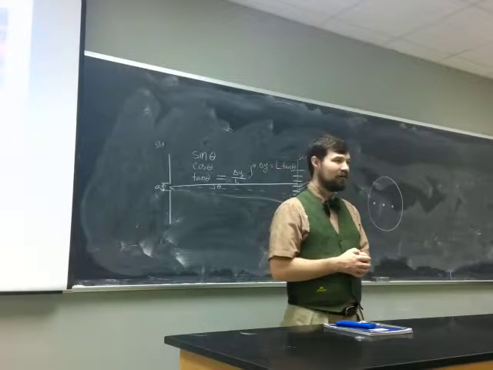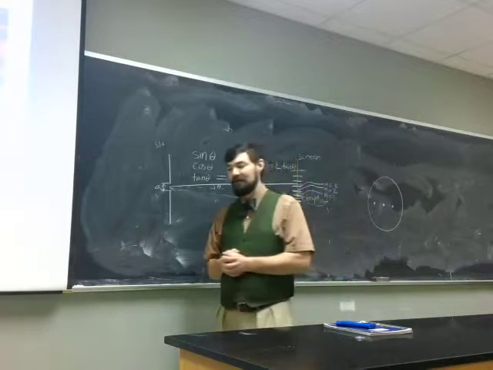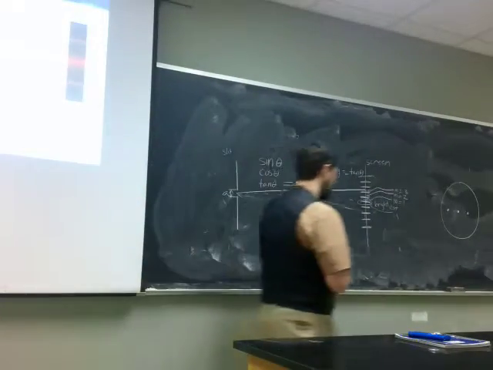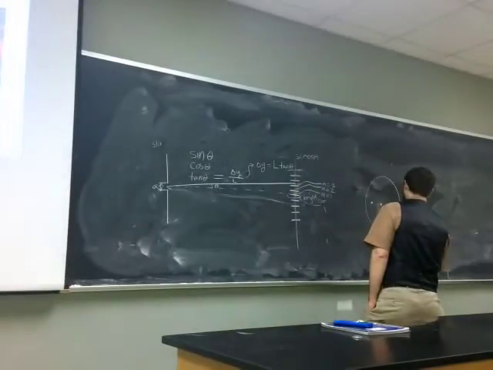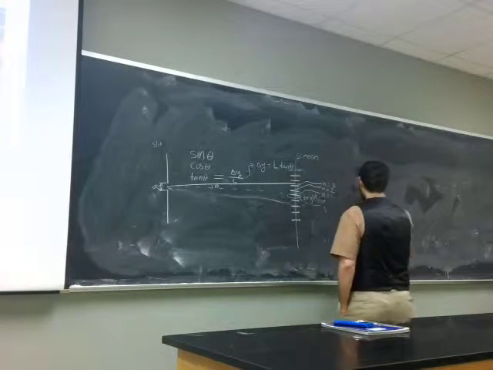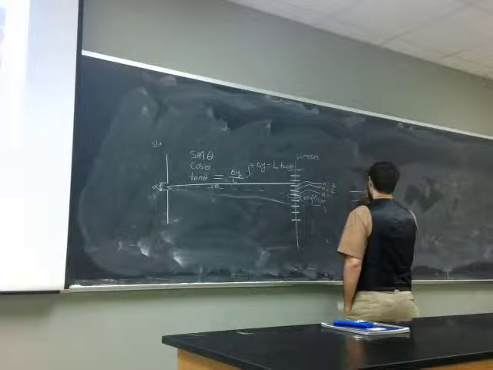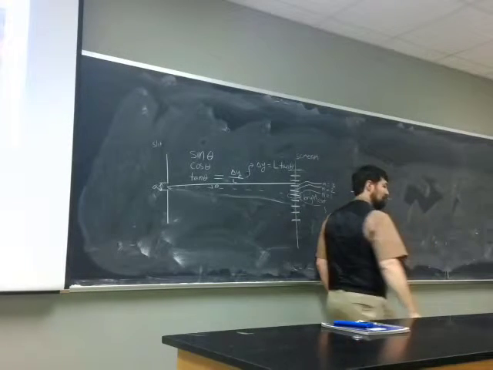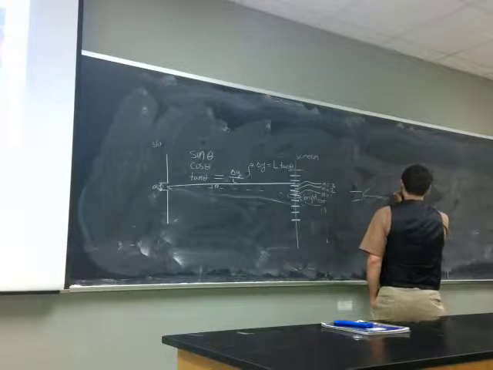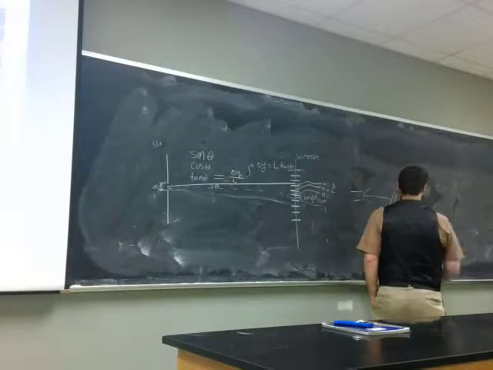You have to build what's called an interferometer. Basically, what that involves is building a system in which you have a laser. And then somewhere in the system you have a device that splits the beam into two pieces.